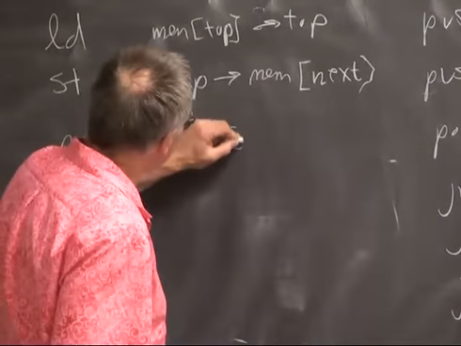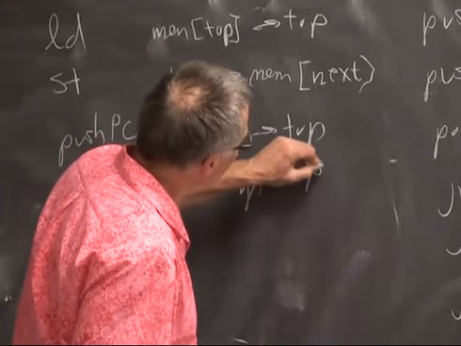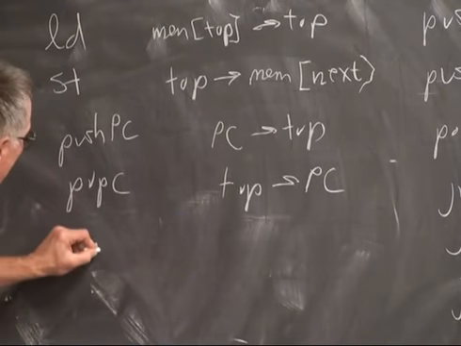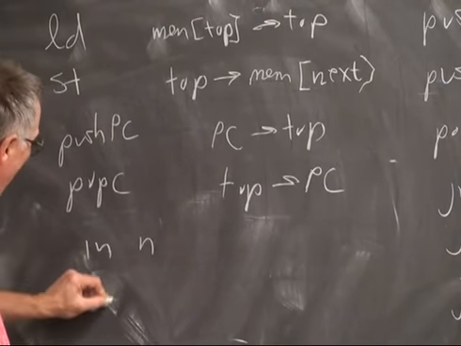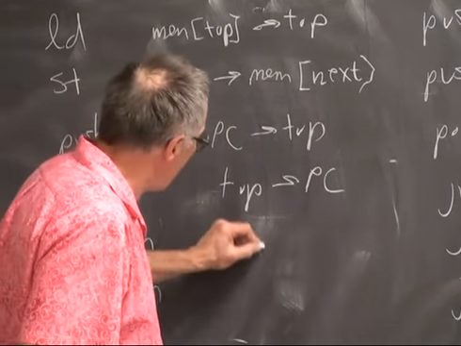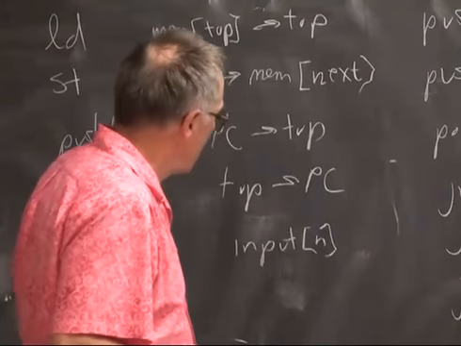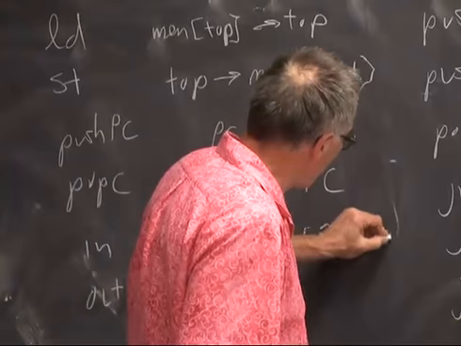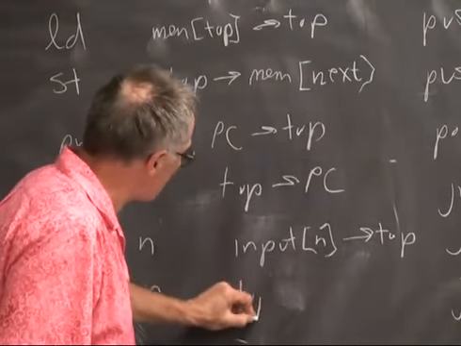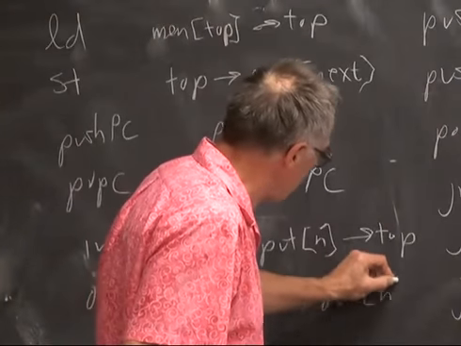So the program counter goes to top, and top goes to program counter. An in of n and an out of n, which takes the input of I/O channel n and puts it in top, or it takes top and outputs it to output channel n.